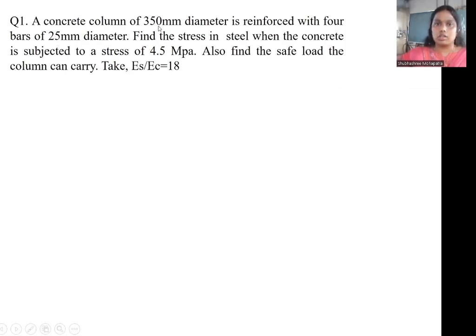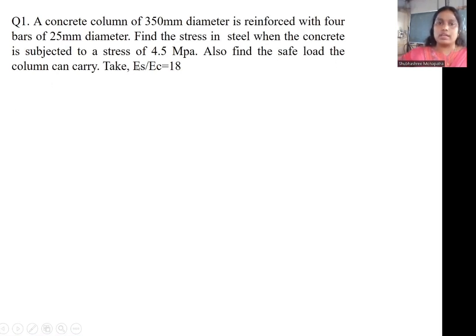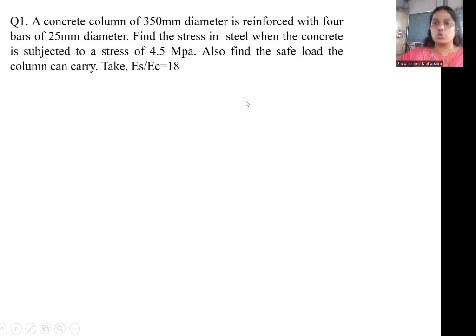A concrete column of 350 mm diameter is reinforced with 4 bars of 25 mm diameter. Find the stress in steel when the concrete is subjected to a stress of 4.5 megapascal. Also, find the safe load for the column. Take the ratio of Young's modulus of steel to Young's modulus of concrete as 18. It is called the modular ratio of steel to concrete.